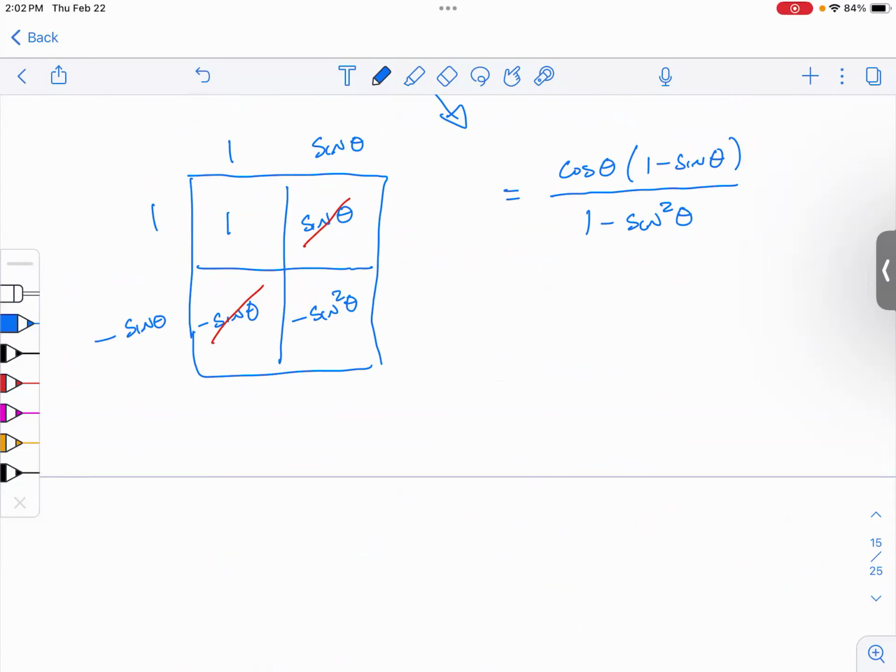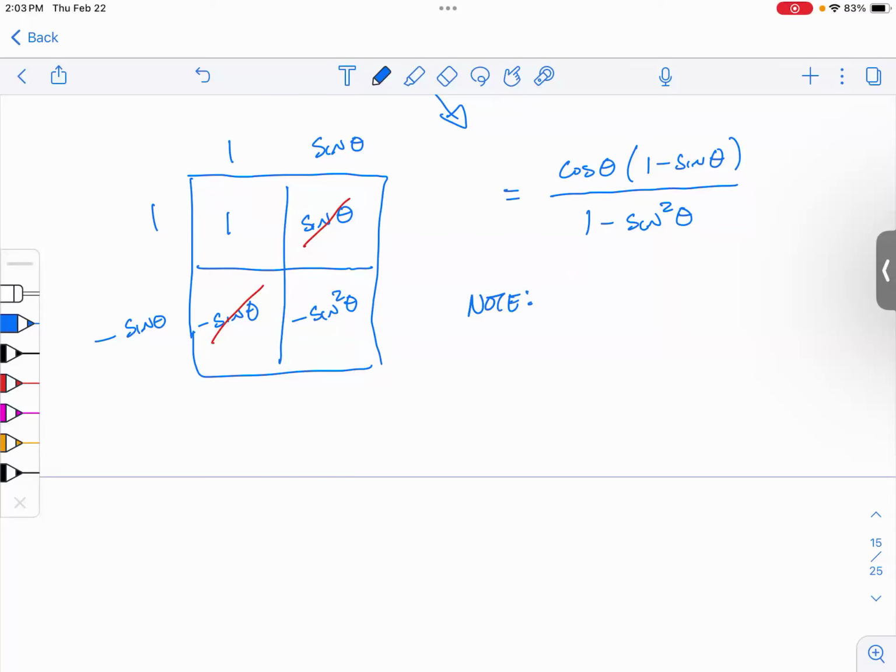But down here, 1 minus sine squared theta, does that ring any bells? What does that kind of look like? It's one of the identities. That looks very similar to the fundamental identity of trig.